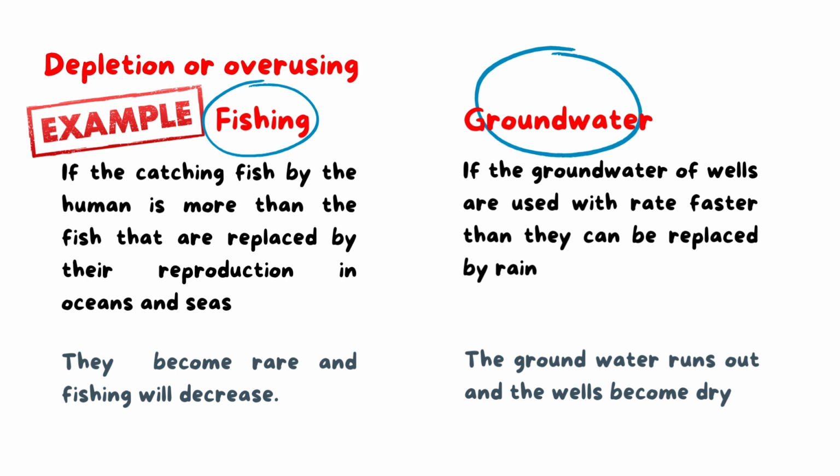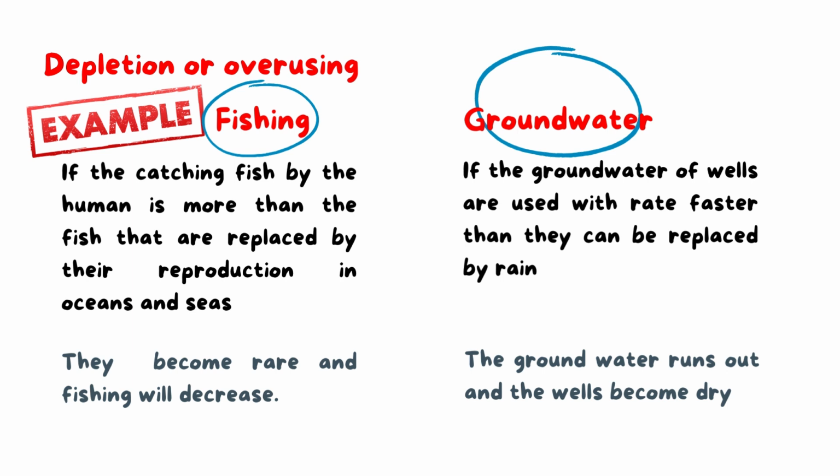Okay, the second example we have is the groundwater, as if the groundwater of wells, okay, is used at a rate faster than it can be replaced by rain, as groundwater comes from the collection of the rain.